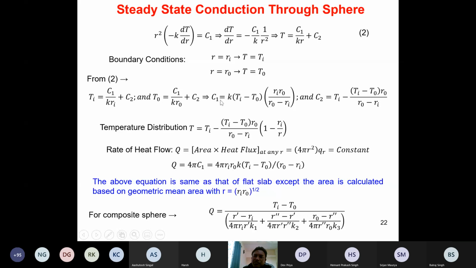So then we can put this C1 and C2 in equation number 2 and we can obtain the temperature distribution. So the temperature distribution obtained here is (Ti minus T0) R0 divided by (R0 minus Ri), in the bracket 1 minus Ri by R. Check whether this is correct. Is it correct?